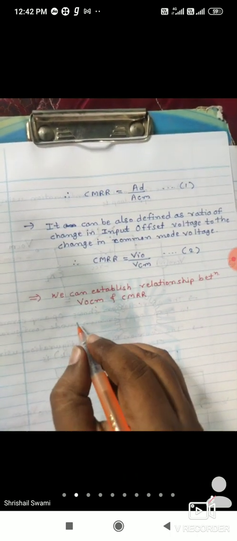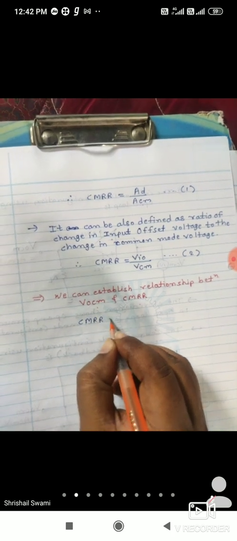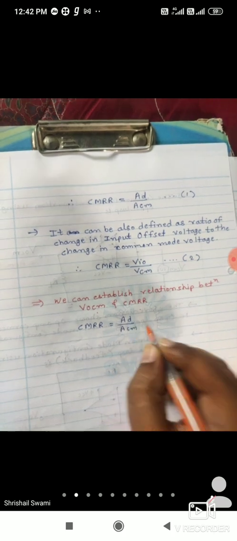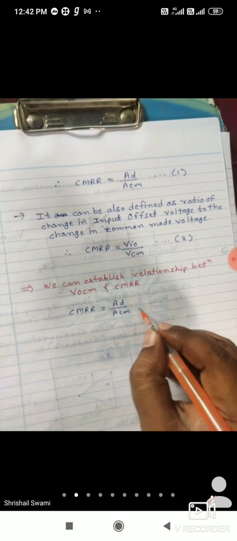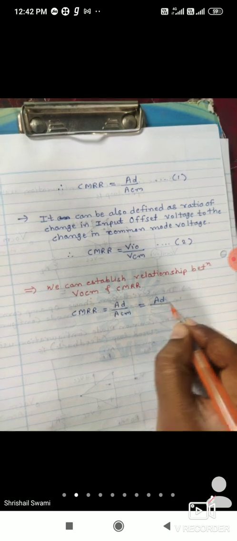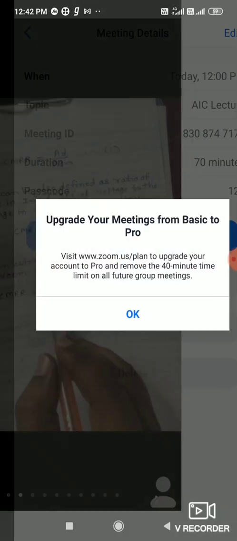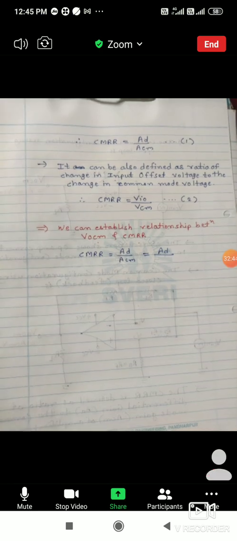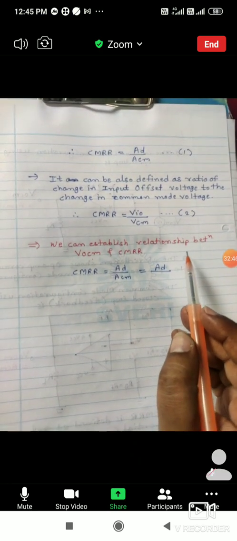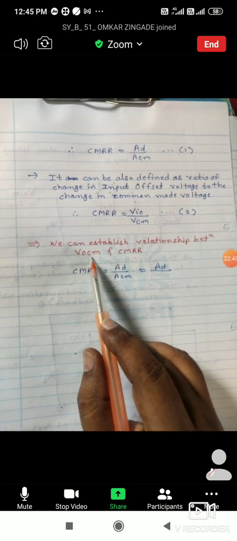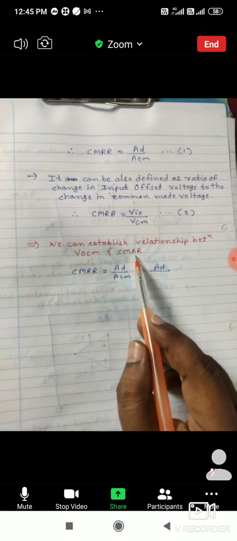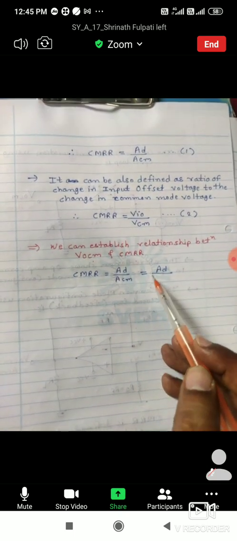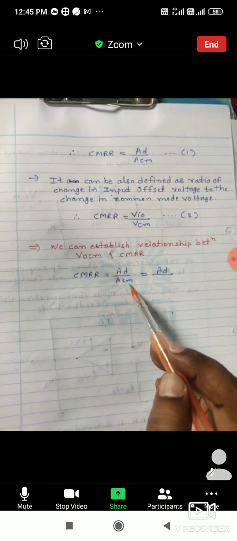Now CMRR means what? From equation number 1, CMRR means AD divided by ACM. AD, the differential gain, we can keep as it is. So what is ACM?